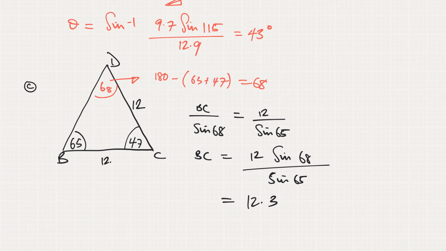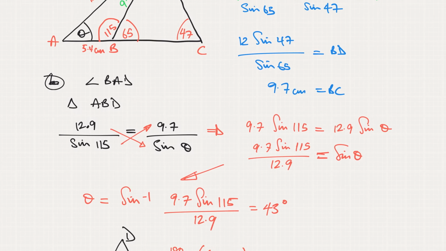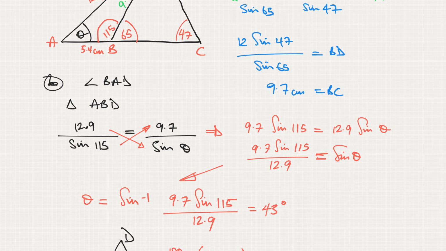Now that I know that that side is 12.3, I can now say that the length of the side AC, let's remind ourselves real quick as to what we're looking for. If we pop back up here, this side is 12.3. So the length of AC from there to there will be just adding that 5.4 to it, giving us 17.7.